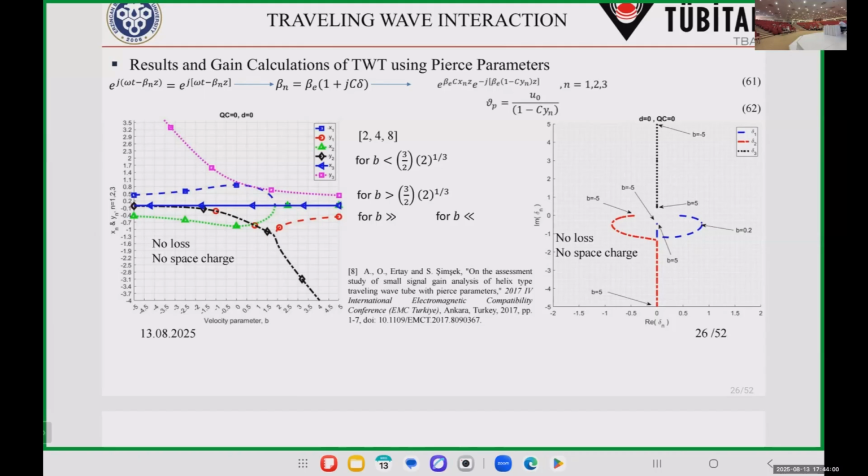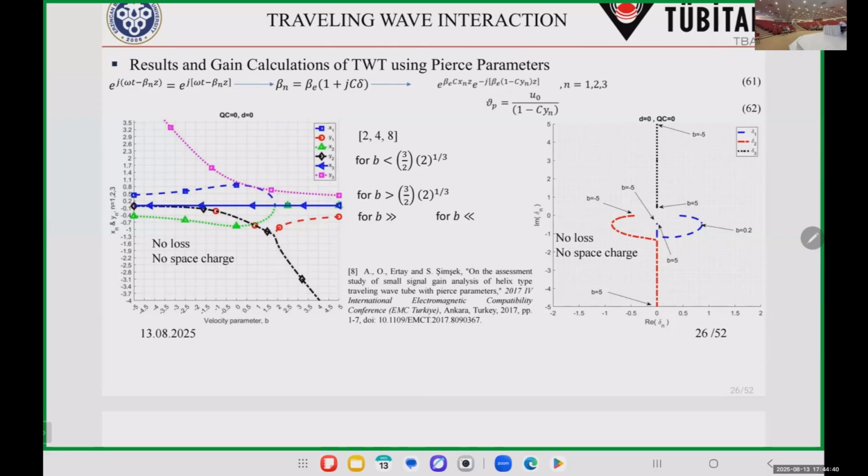If you think about the velocity parameter B, we can say that x1 is a growing wave when beta increases. After this limit, for beta equal to this number, the increasing wave is, I think, zero.